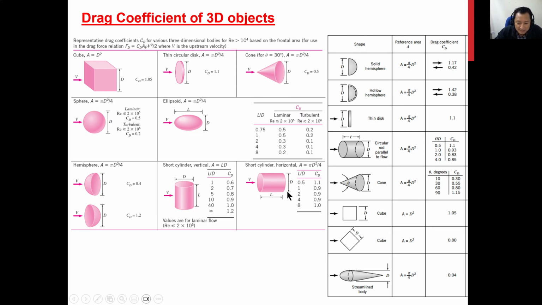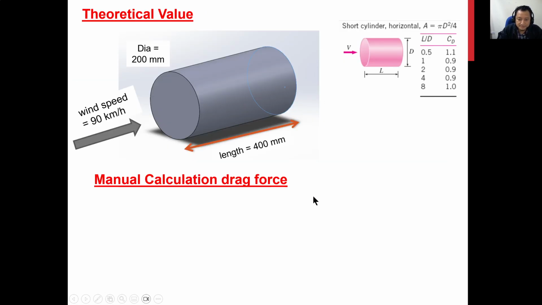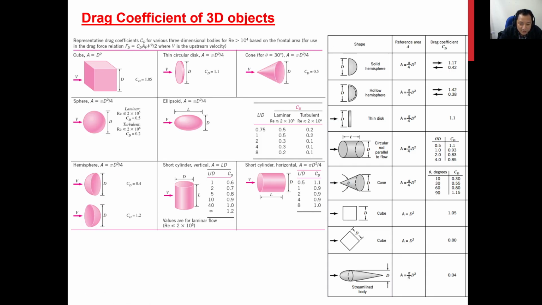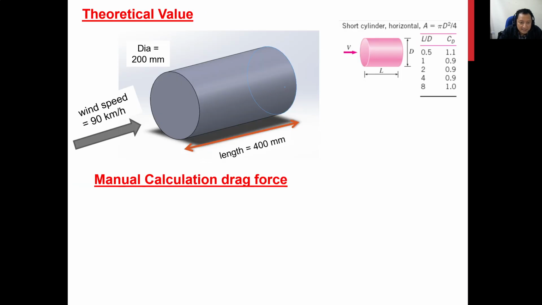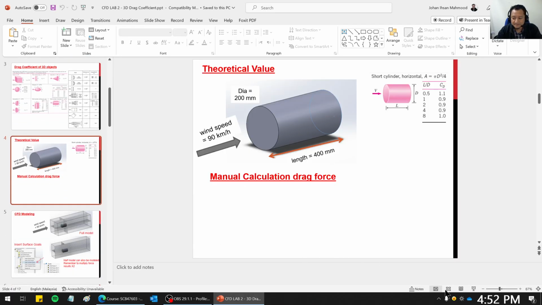And you can determine the CD value, which is the drag coefficient. But in this example, we are going to be doing a short cylinder under a horizontal condition. The cylinder is 200 mm in diameter with a length of 400 mm, and the wind speed is about 90 km per hour. So let's try to do this.